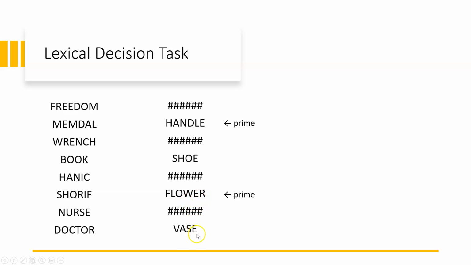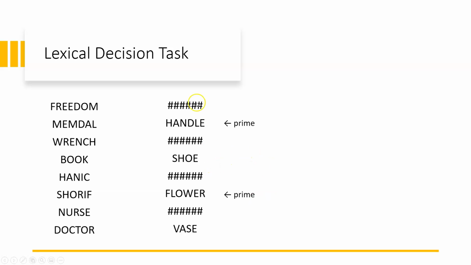And yet, a second later, when they're asked, is this a real word? Because the prime activated that network of semantically similar words, they will more quickly say vase is a real word than if the prime had been an unrelated word.